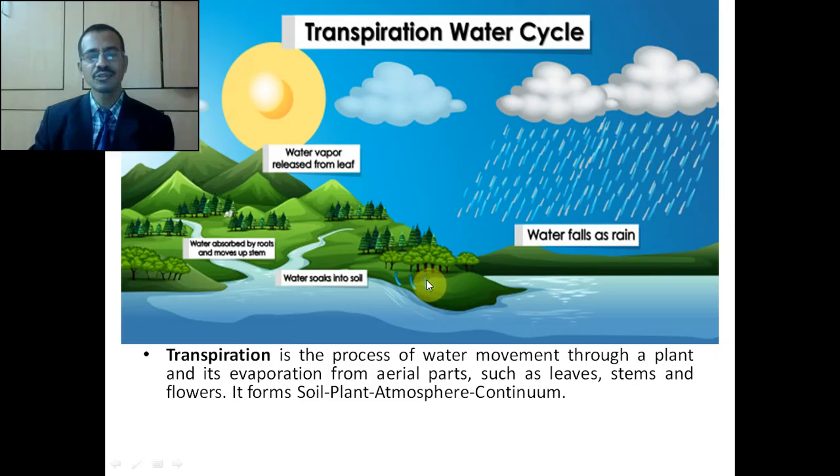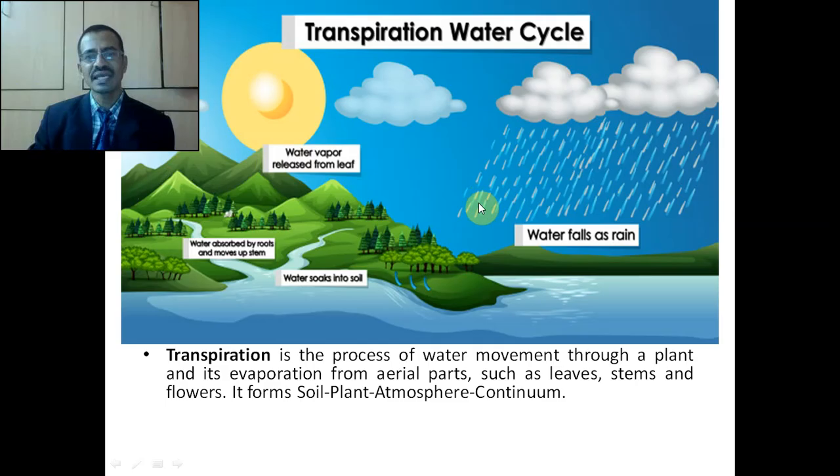This water is utilized by the plants in different metabolic reactions like photosynthesis, and 90% of the water is evaporated through the leaves into the atmosphere.